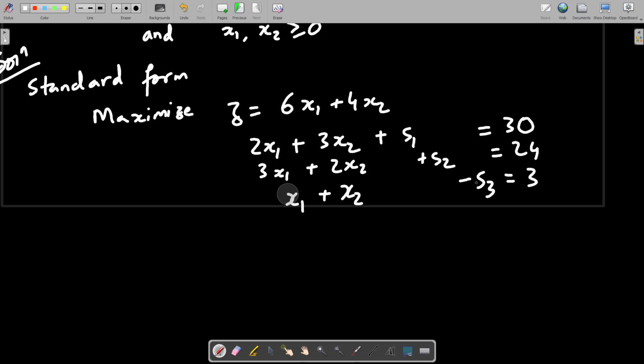Okay, so this is the standard form, but we don't have a starting basic feasible solution. Subject to x1, x2, s1, s2.